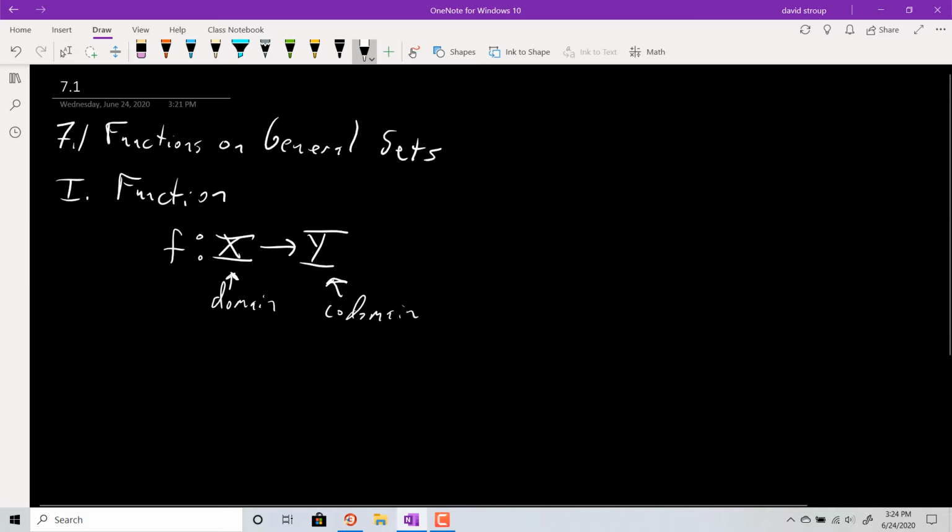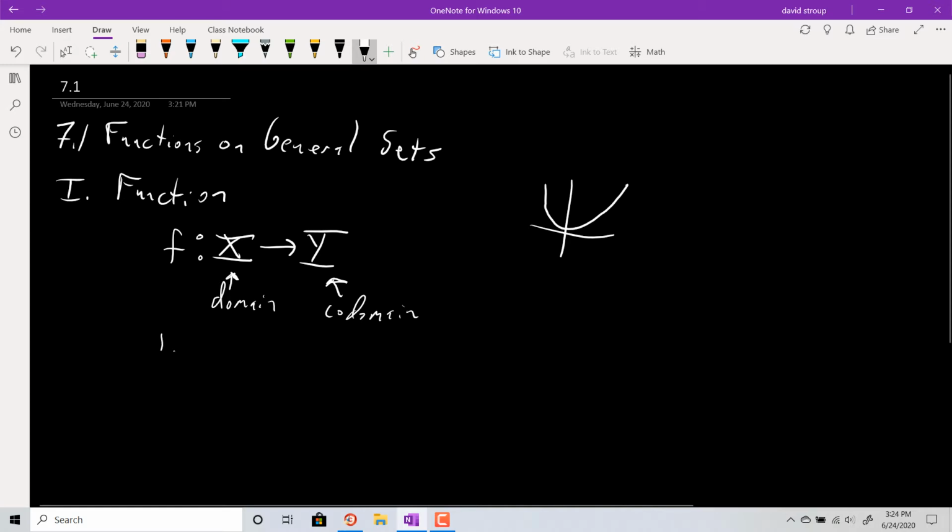So for example, the range of the function y equals x squared is all real numbers from 0 to infinity. So if your codomain could be the real numbers, the actual range in that case would be a subset of the codomain. Just the real numbers from 0 to infinity as opposed to the real numbers from negative infinity to infinity. Okay, so it's a small detail that you kind of have to deal with.